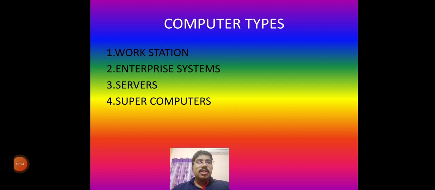Mainly the supercomputers are used in weather forecasting, satellite communication, satellite tracking, and satellite operation. So these are the classifications of computers based on their application and area of usage. Based on their area of usage, they have been classified into 4 different types.